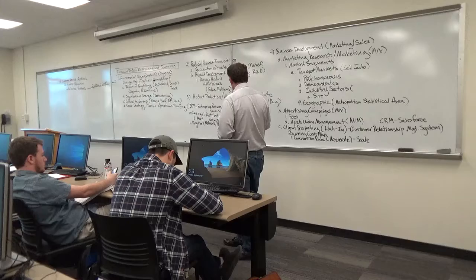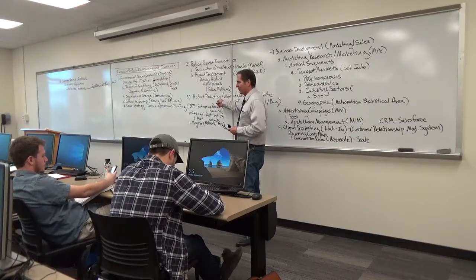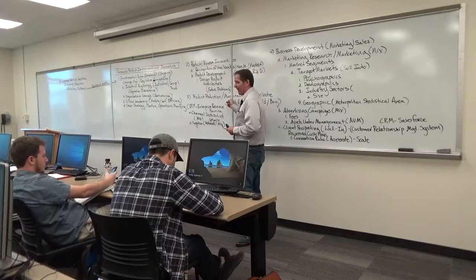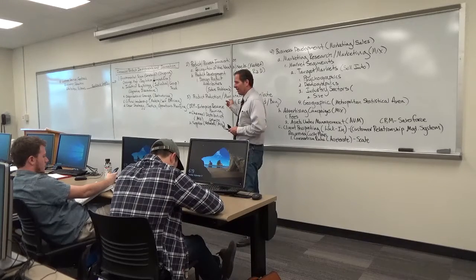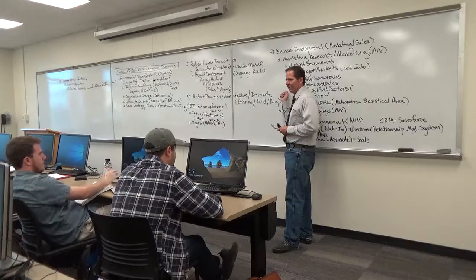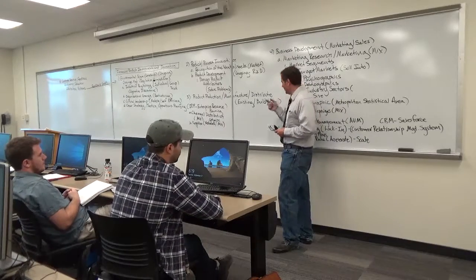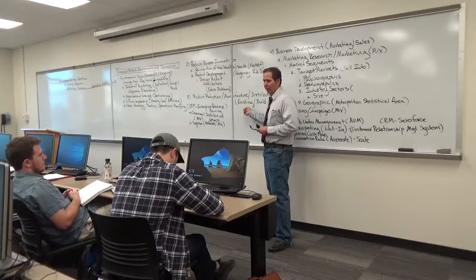The question is, do we have the production facility already set up? Do we have the manufacturing and production capabilities internal to the firm? Do we have the distribution channels already set up within the firm? If we already have them existing, great.